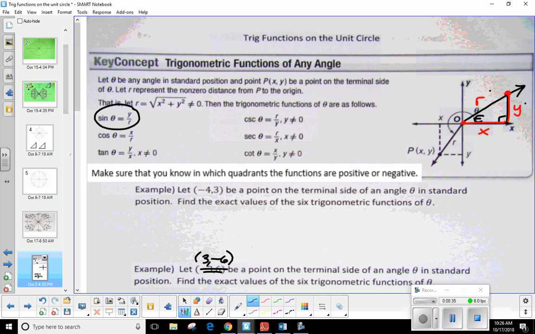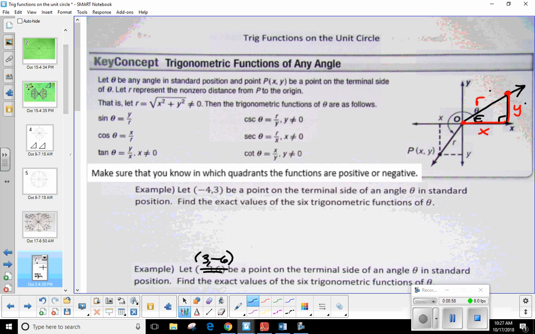So I have x over r. Tangent, opposite over adjacent, now becomes y over x, and then the reciprocals follow. So we're no longer thinking about adjacent, hypotenuse, and opposite. We're doing it in terms of the horizontal x, the vertical y, and then your hypotenuse. Everybody okay with that?